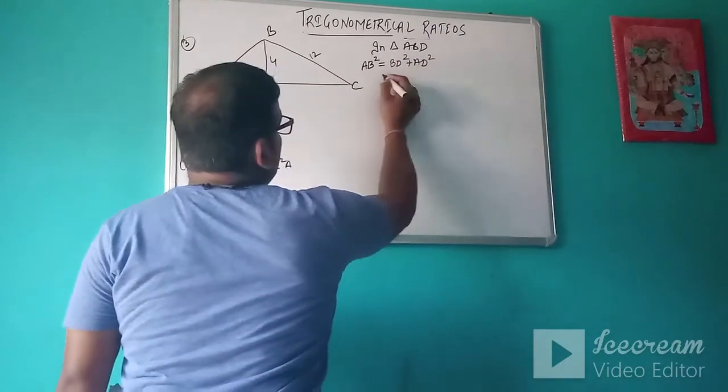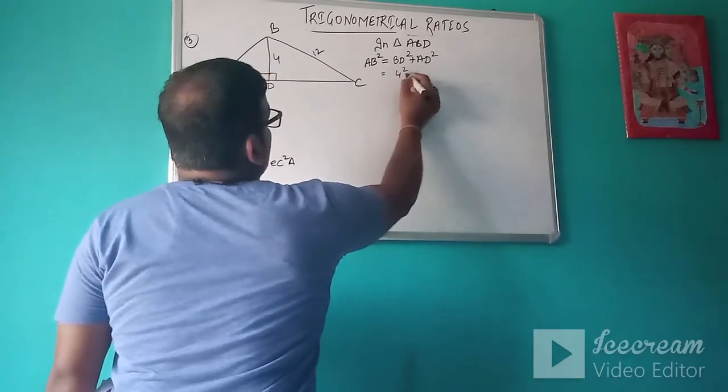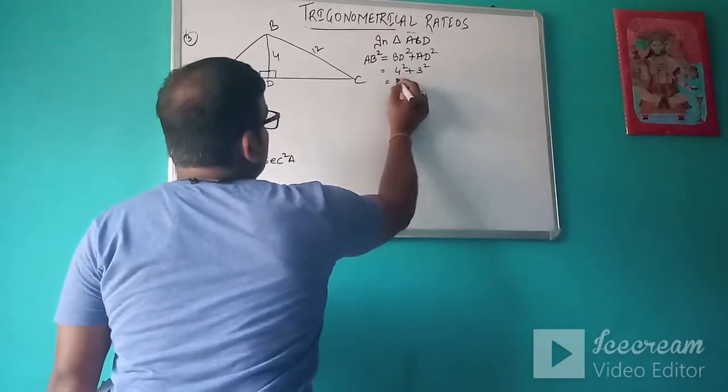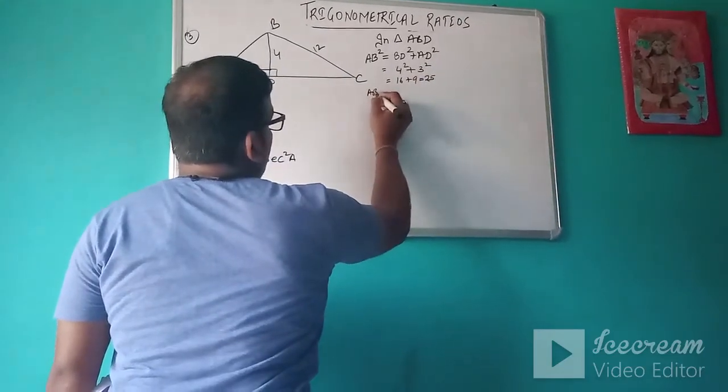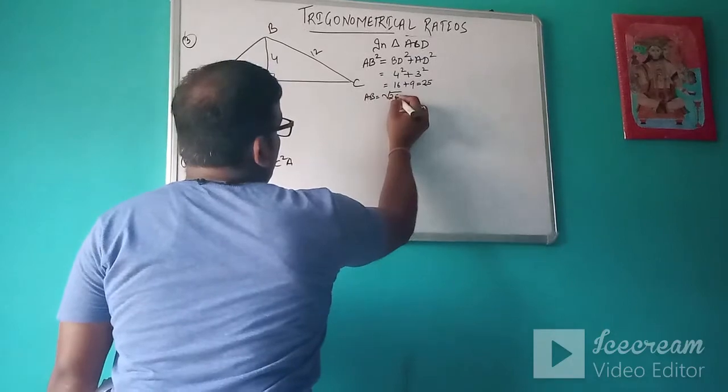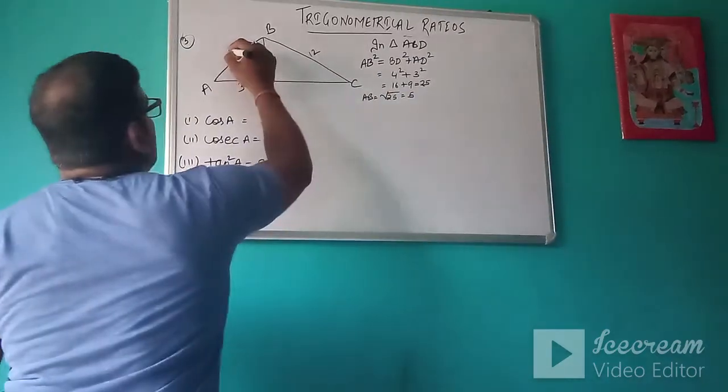Again we will use the Pythagoras theorem. So it is 4 square plus 3 square, that is 16 plus 9 equals 25. So your AB will be square root of 25, that is 5. So this is 5.